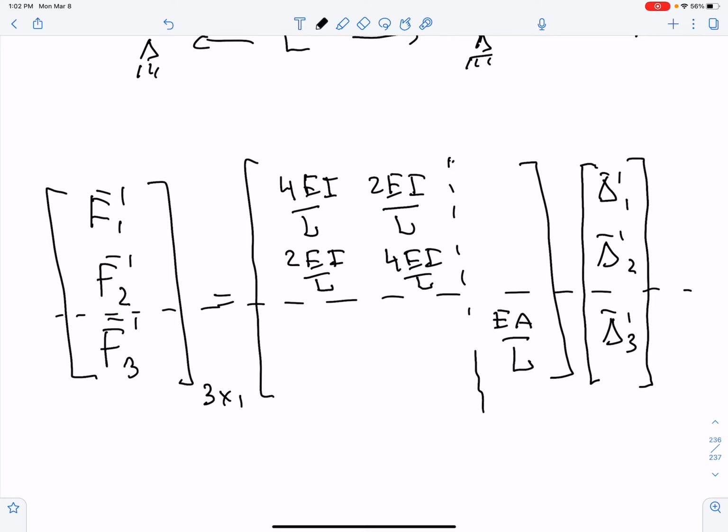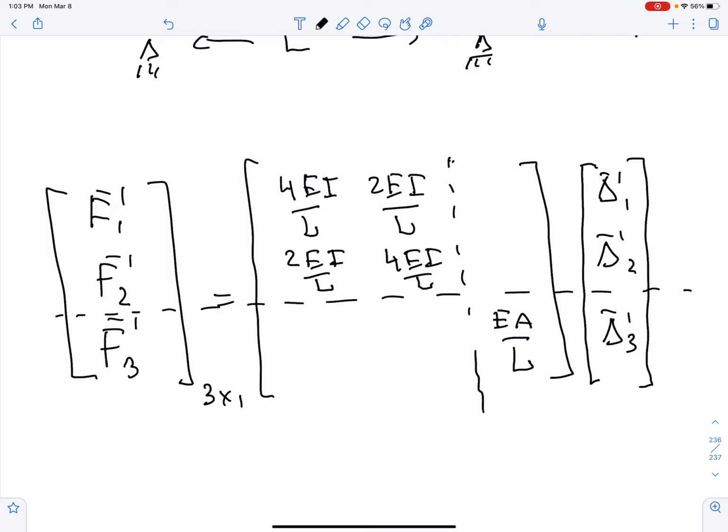So the forces are related to axial displacements. The moments are related to rotations. Our model was basically such that we had one independent differential equation for the axial action. That gave us a truss. We had an independent differential equation in the vertical direction. That gave us the Euler-Bernoulli beam.